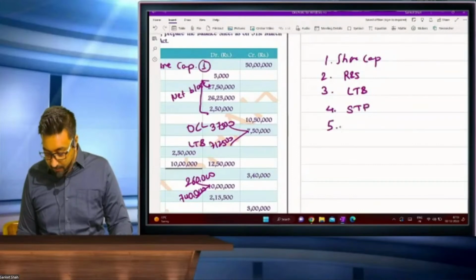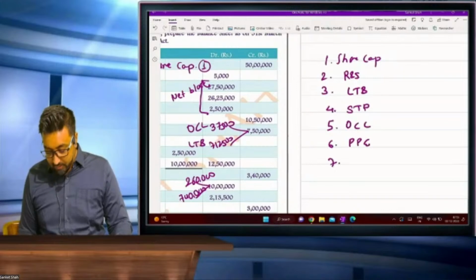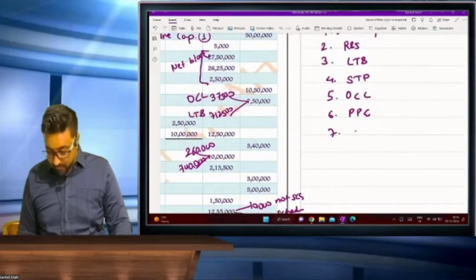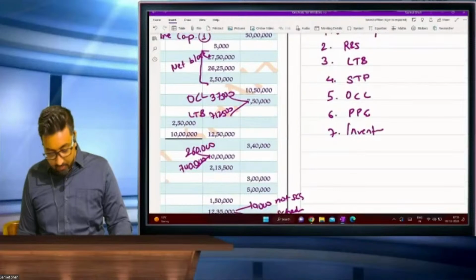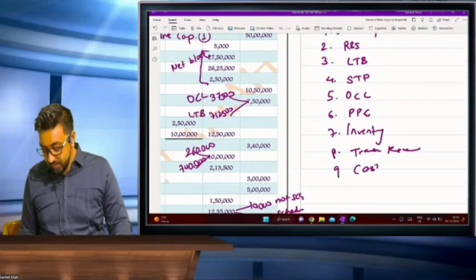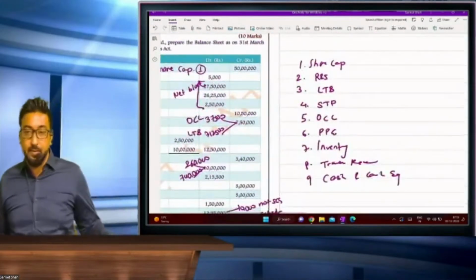Number five, other current liability. Six, PPE. Seven, inventory. Eight, trade receivable. And nine, cash and cash equivalent. So 9 notes you have to open.